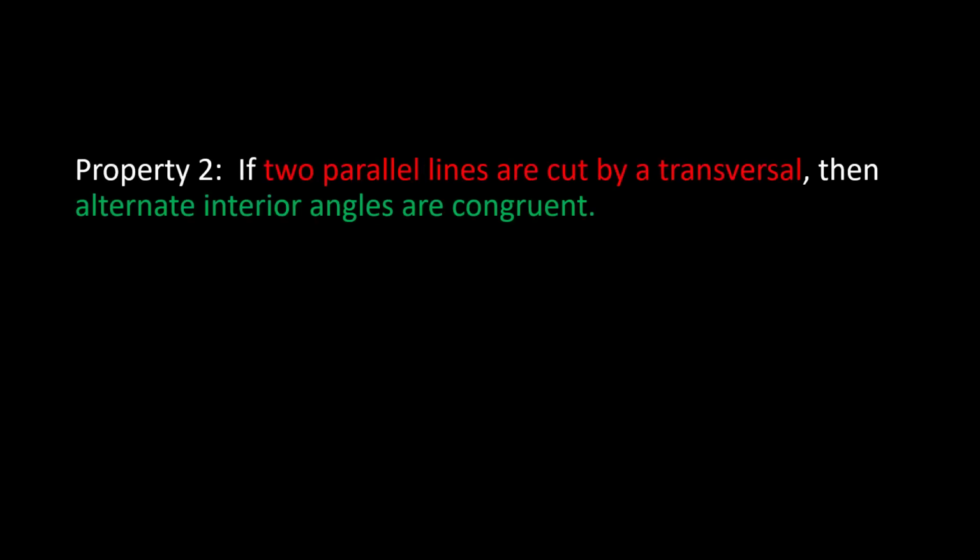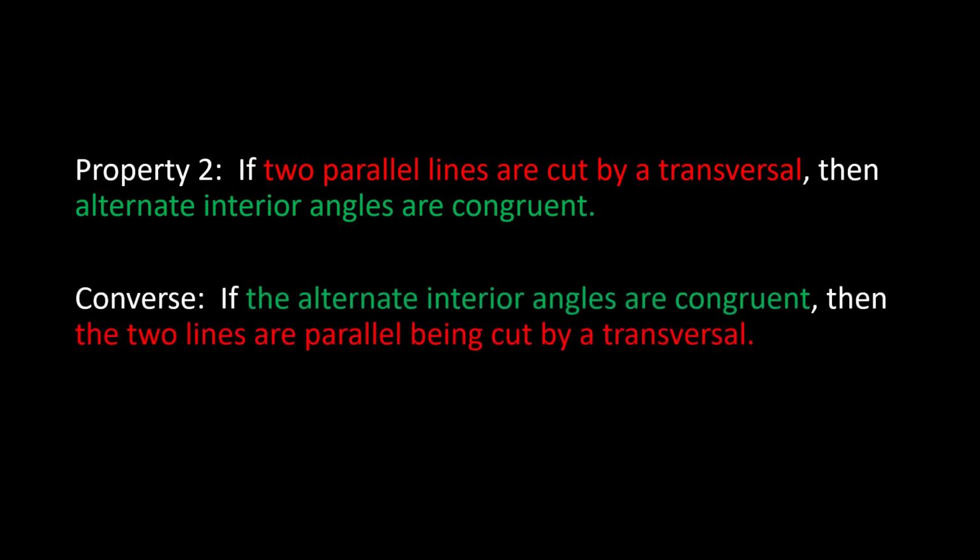Property 2 says that if two parallel lines are cut by a transversal, then alternate interior angles are congruent. Whereas the converse says that if the alternate interior angles are congruent, then the two lines are parallel being cut by a transversal. So far we have 2 ways that we can show parallel lines, with the alternate interior angles being congruent, as well as with the corresponding angles being congruent.